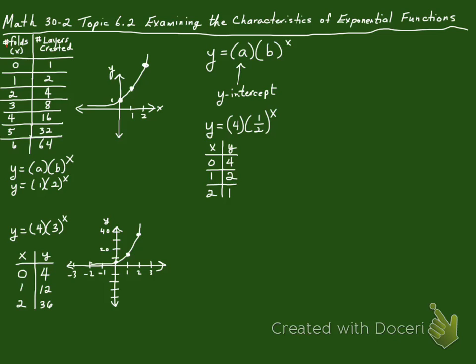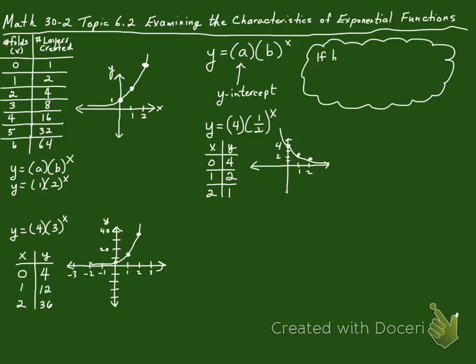And then when x is 1, we're going to get 4 times 1/2, which is 2. And when x is 2, 4 times 1/2 squared, and 1/2 squared is 1/4. 4 times 1/4 is 1. Then if we plot these points, you're going to see it go down over time. So now it's going to look something like that.